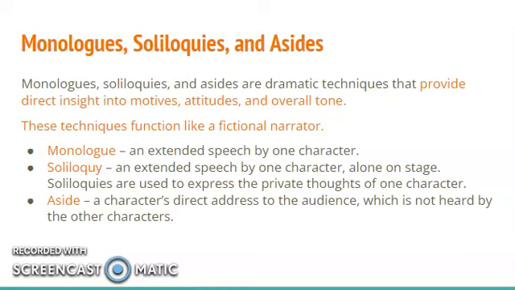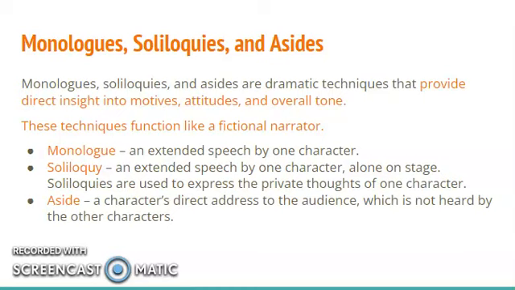We also have soliloquies. A soliloquy is the same as a monologue: an extended speech by one character. However, the difference is that the character is alone on the stage. So it's usually used to express the private thoughts of one character. And then lastly, we have the aside, which is a character's direct address to the audience, which is not heard by the other characters.